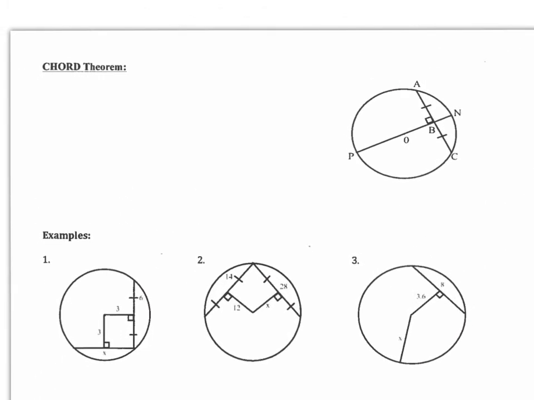The last property we have to discuss is not actually called the chord theorem. We're going to call this the perpendicular chord theorem. So if you could write the words perpendicular chord theorem.